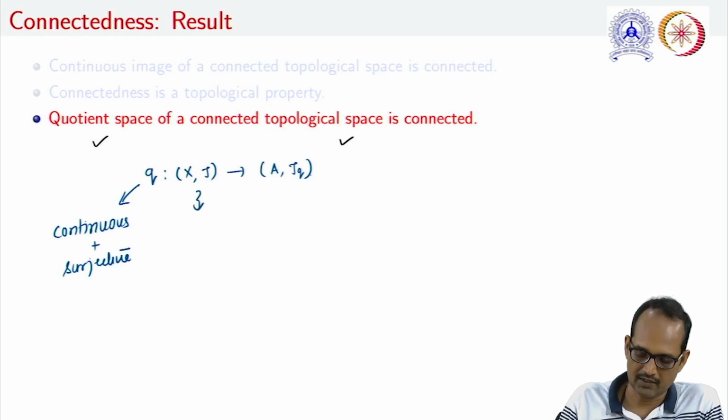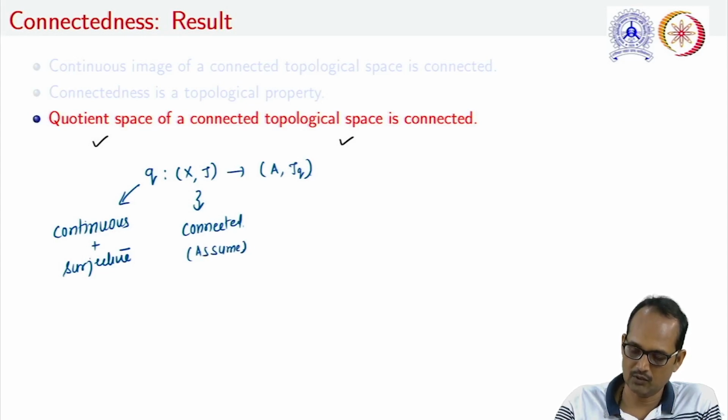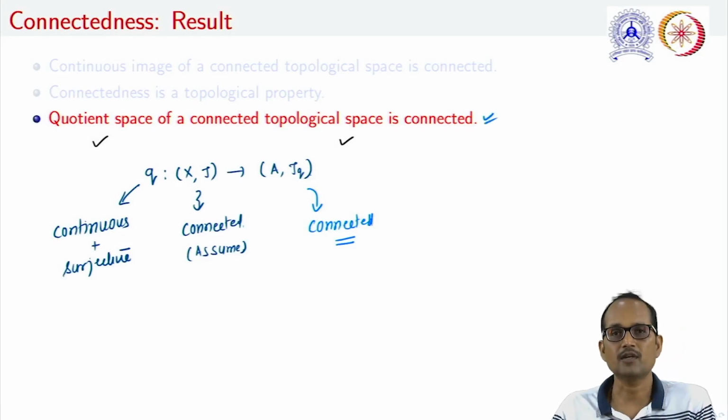Also, if we are taking this space as a connected topological space, let us assume it, then from the previous conclusion we can deduce that this is also connected. That's the proof of this statement.